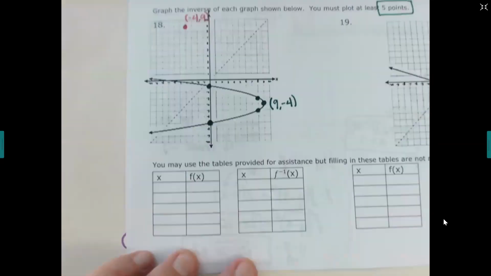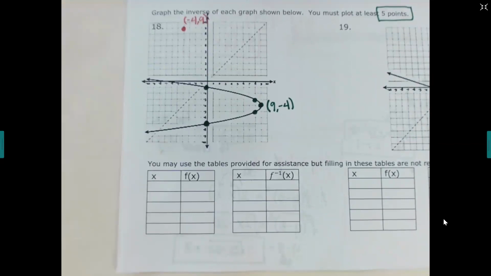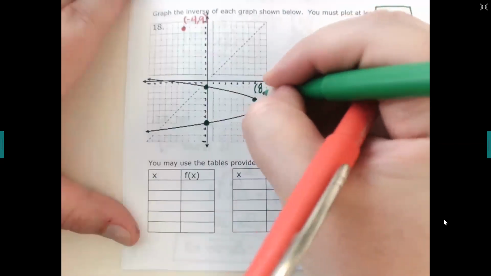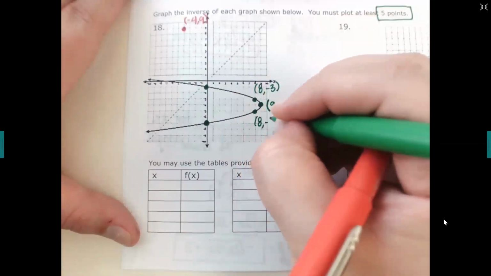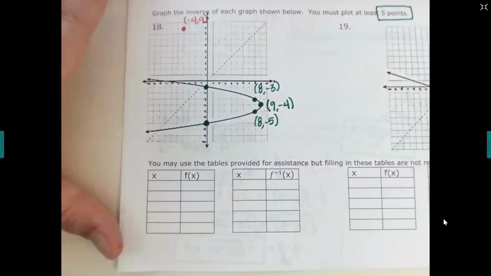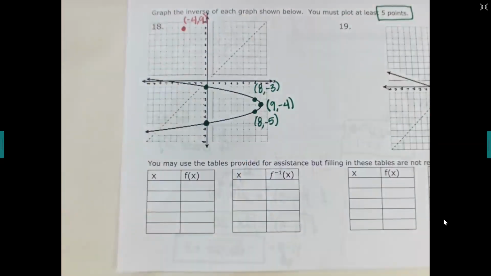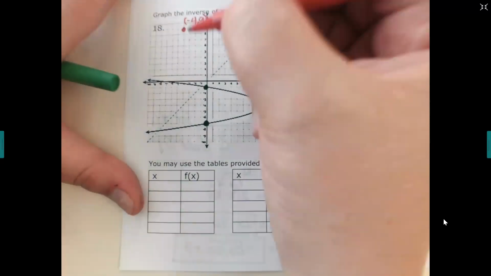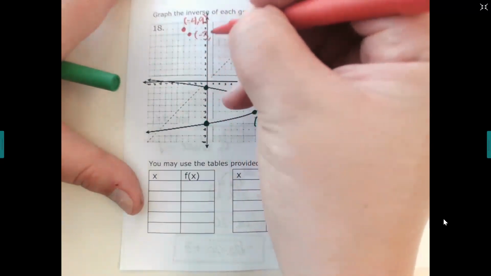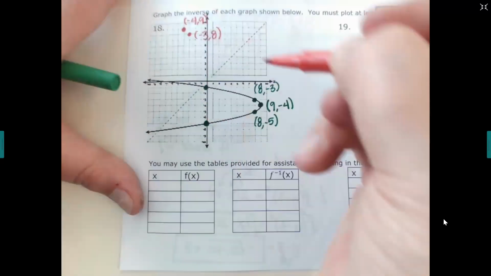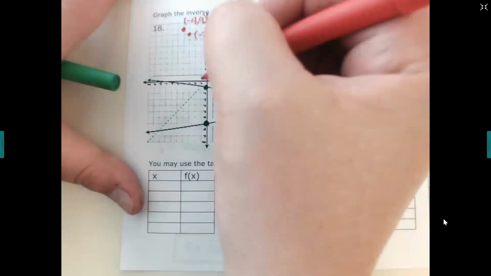My next 2 points around that, it looks like it's 8, negative 3. And then that'd be 8, negative 5. So then if I were to reverse those, what would my 2 new points be? Negative 3, 8, and negative 5, 8, right?